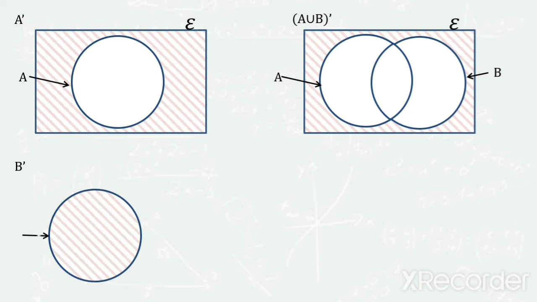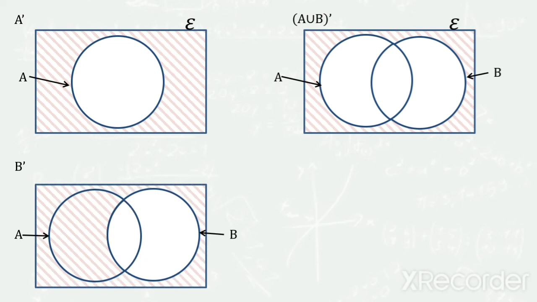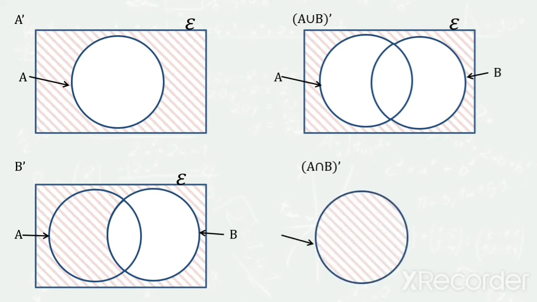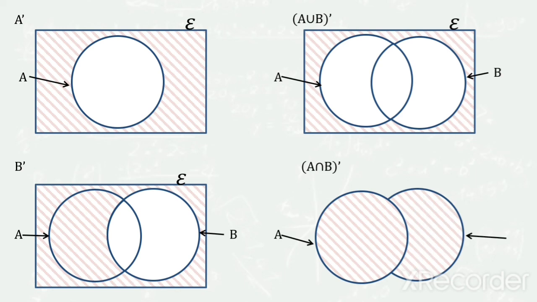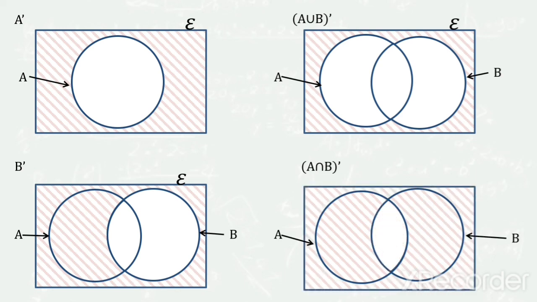To represent B complement, without B, the rest of the universal set is shaded, including A also. So you can cover B with your thumb and shade the rest. A intersection B complement means without A intersection B, you can shade the rest of the universal set. Again, you can cover the intersection part with your thumb and shade the rest.